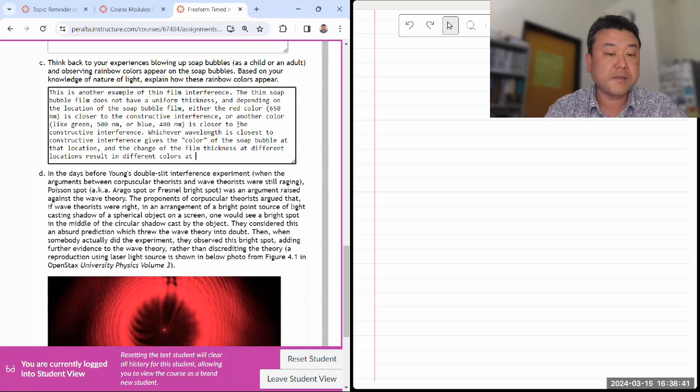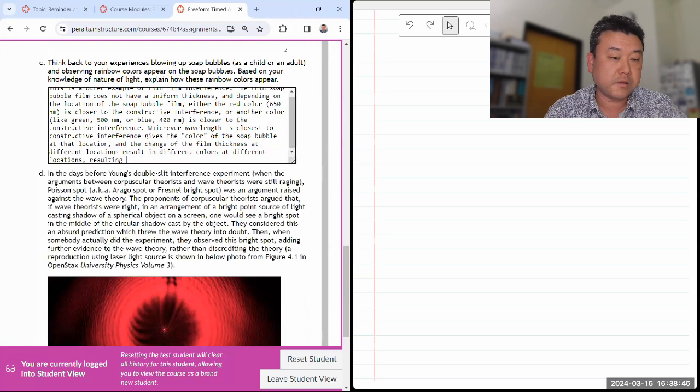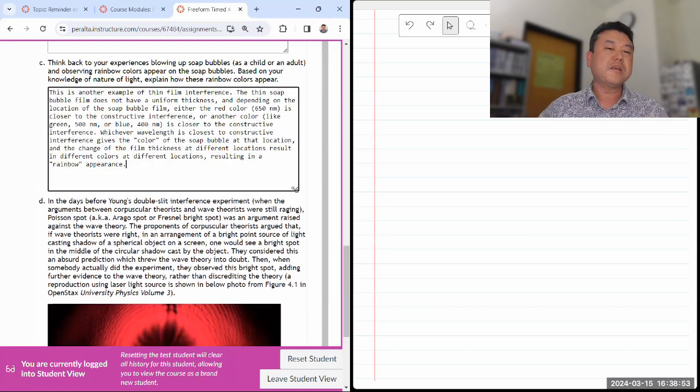Different colors at different locations result in a rainbow appearance. If you somehow made a precision-machined film that had a uniform thickness, you wouldn't see rainbow colors. You would see one color, whichever one has constructive interference.